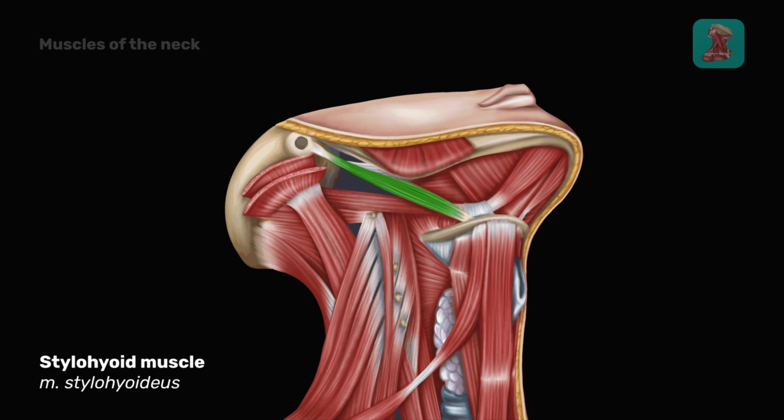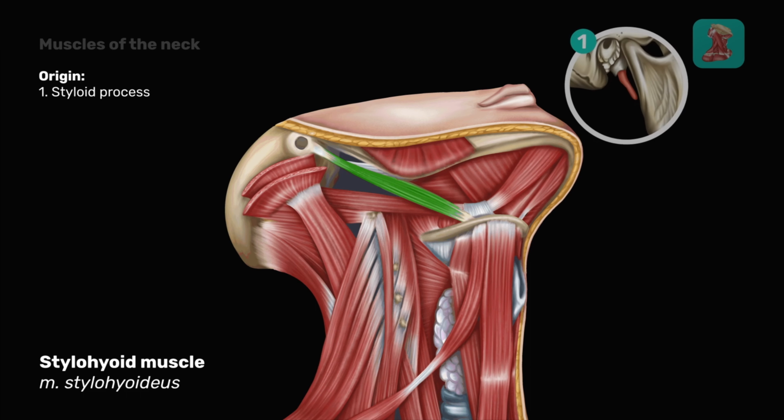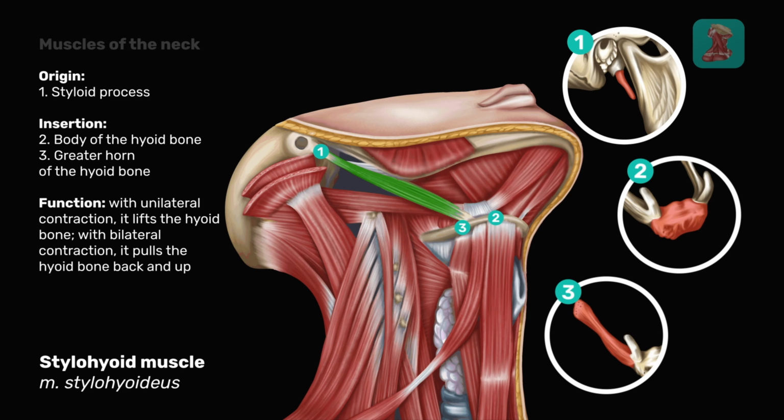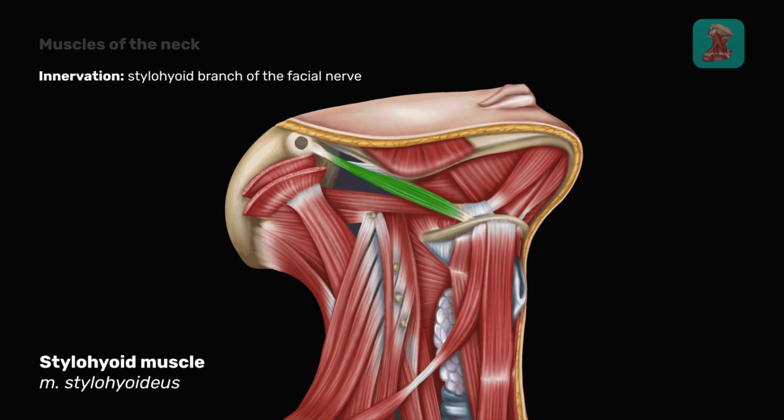The stylohyoid muscle originates from the styloid process and inserts into the body and the greater horn of the hyoid bone. Function: with unilateral contraction, it lifts the hyoid bone, and with bilateral contraction, it pulls the hyoid bone back and up. The following structures innervate the muscle and supply it with blood.